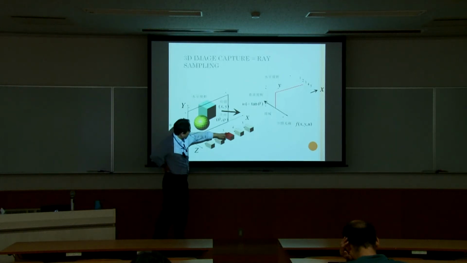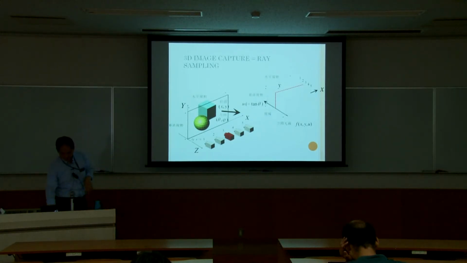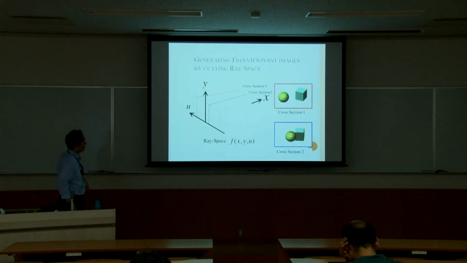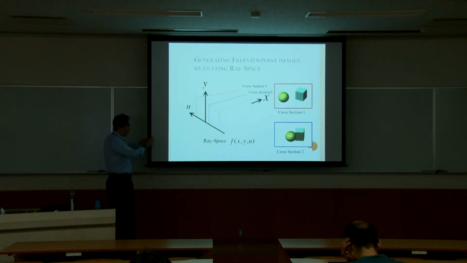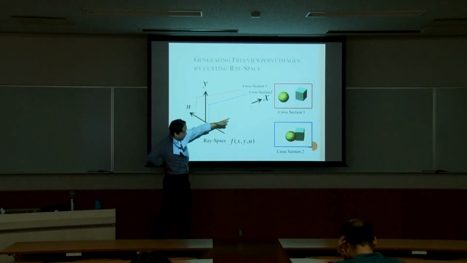So camera 3 image is the intersection of the red line and the box. Okay, this is the basic characteristic. So once we get the full ray space, just cut this box. For example, this red line cross-section corresponds to cross-section image 1.